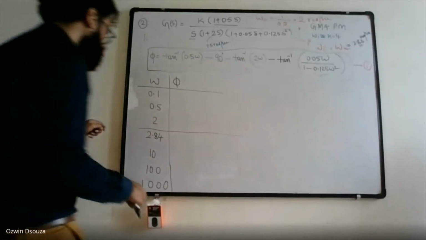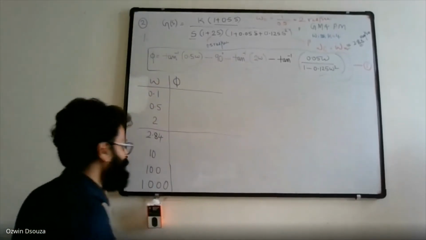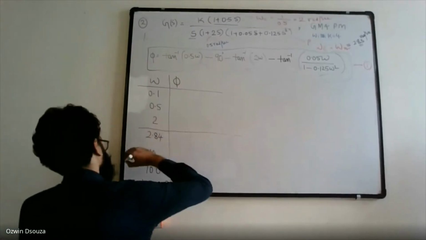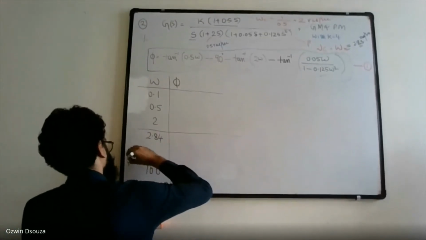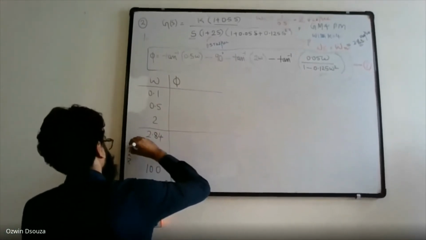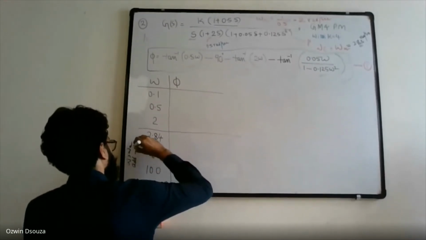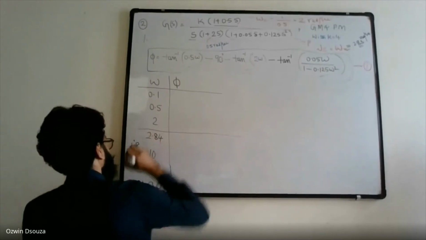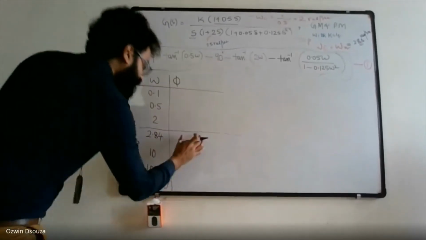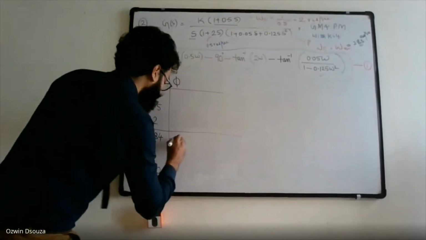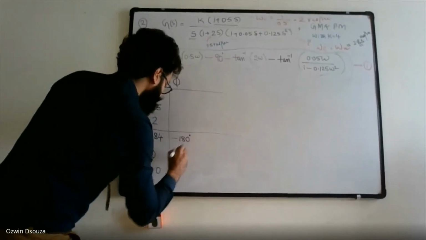So for frequencies greater than omega n, you add minus 180 degree. Whatever angle you get, you go on adding minus 180.